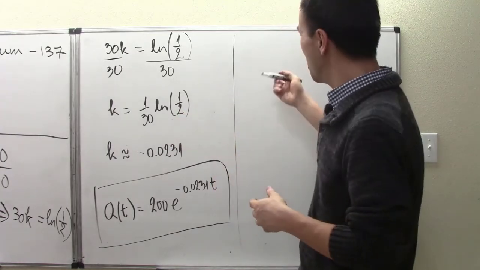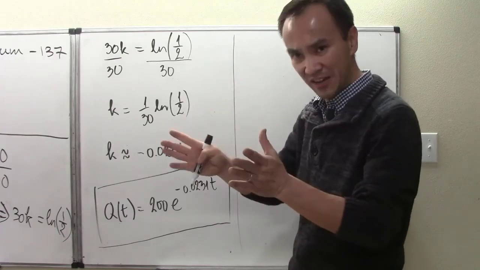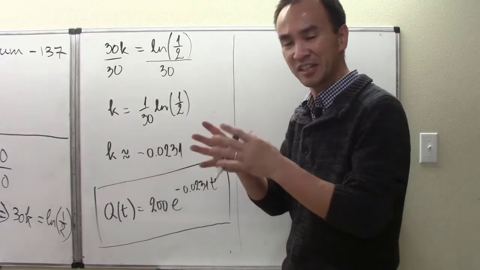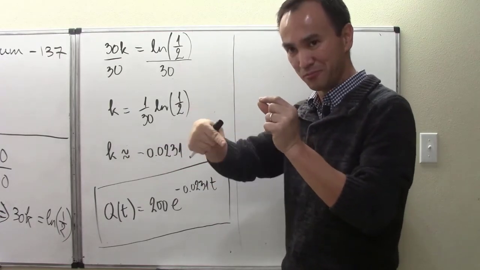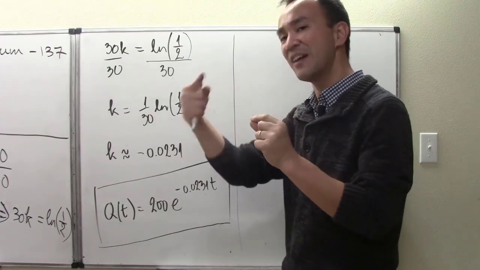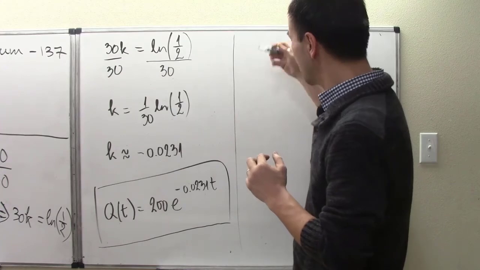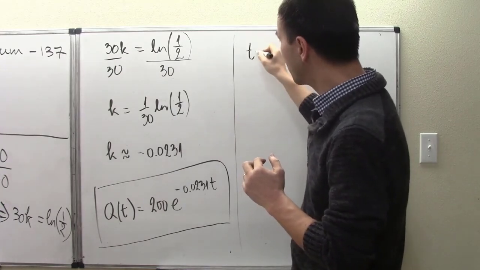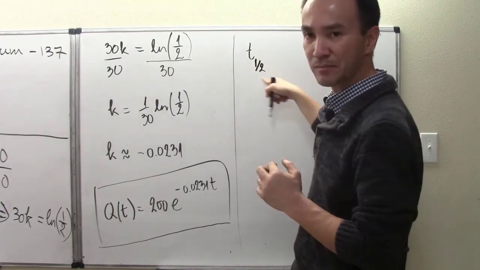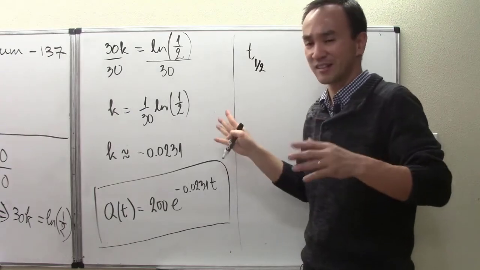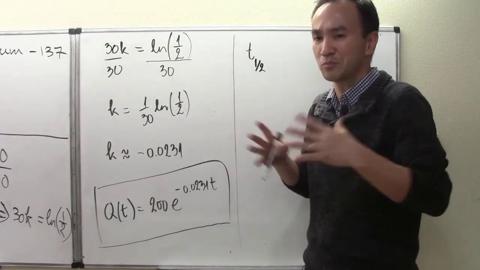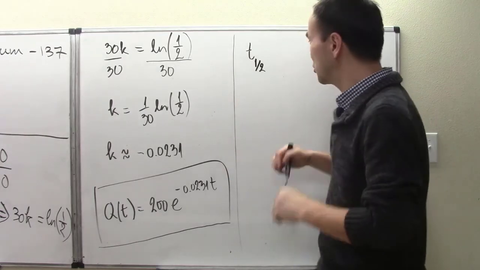Okay, so we have learned that half-life, in the definition earlier, is the time it takes to decay down to half of the amount that was initially present. Notationally, half-life is notated by the symbol t 1/2, and it's quite a standard symbol used worldwide.